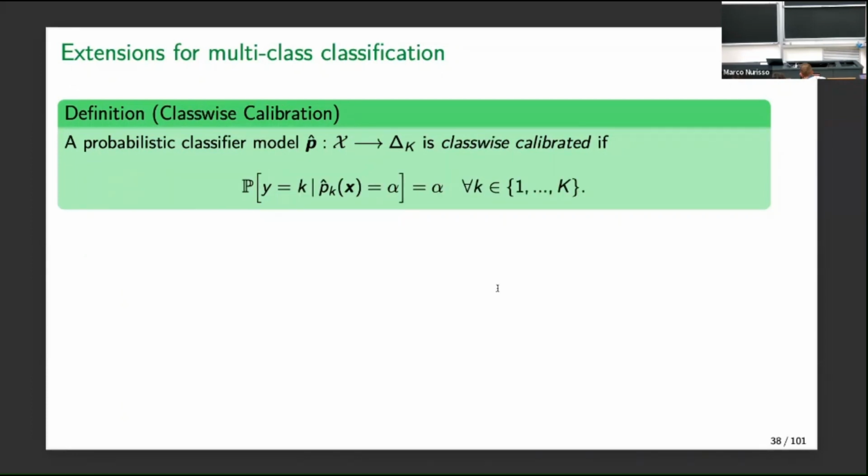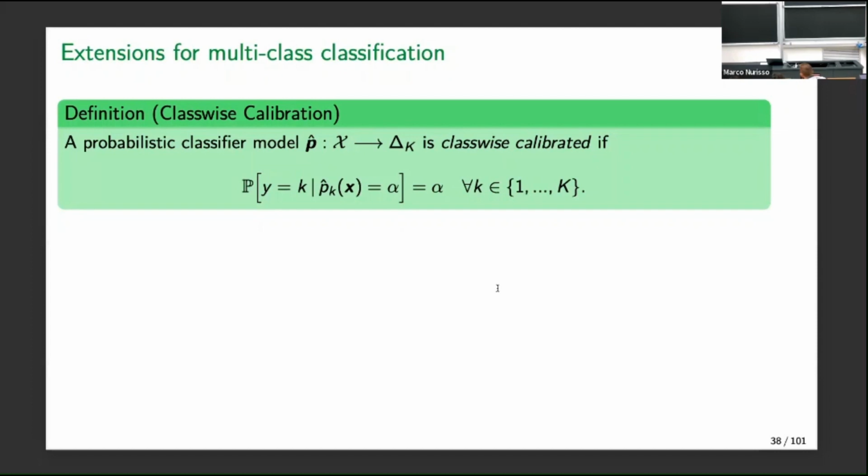Then you have class-wise calibration. That's a stronger notion. Now we're not only going to look at the highest probability, but we're going to look at all the k probabilities when we have k classes. So you have there a condition that needs to hold for all the classes k. And what we're going to do is it's a kind of one versus all decomposition. So for every class, we're going to see that as the positive class, and then you're going to repeat what you had for binary classification for that class.